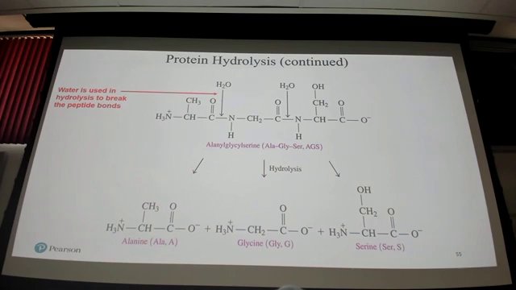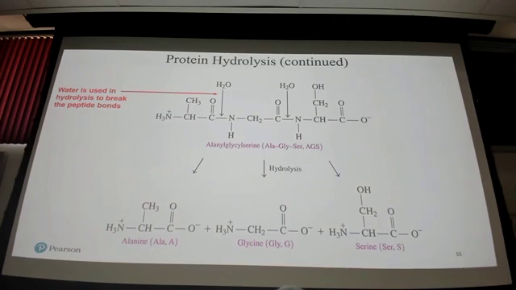Here's an example of a 3 or 4 amino acid sequence that has 2 peptide or amide bonds that are broken via water and digestive enzymes, and that will give you 3 singular amino acids.